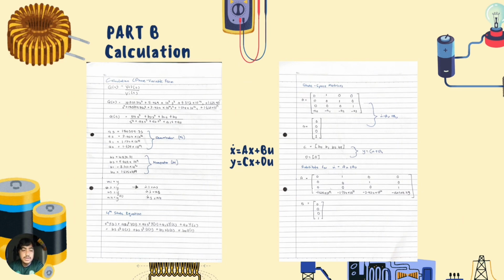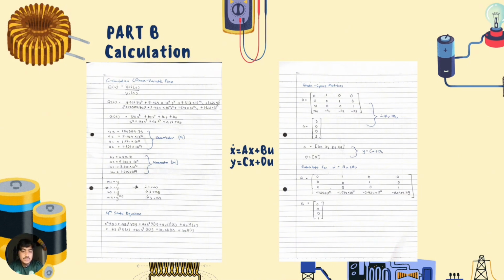Okay, for the first step, arrange the transfer function in standard form. For a fourth order transfer function, write it as G(s) equals b3 s cubed plus b2 s squared plus b1 s plus b0, divided by s to the power of 4 plus a3 s cubed plus a2 s squared plus a1 s plus a0.